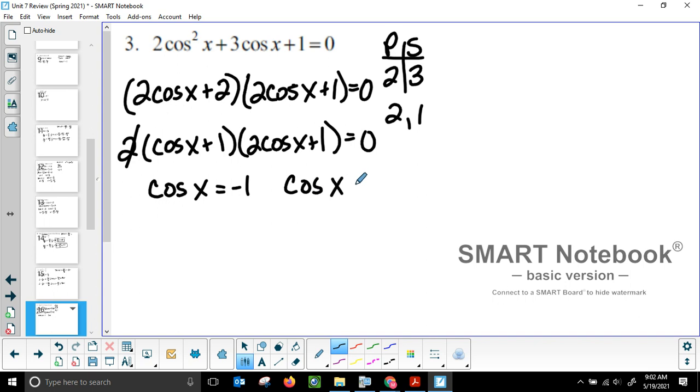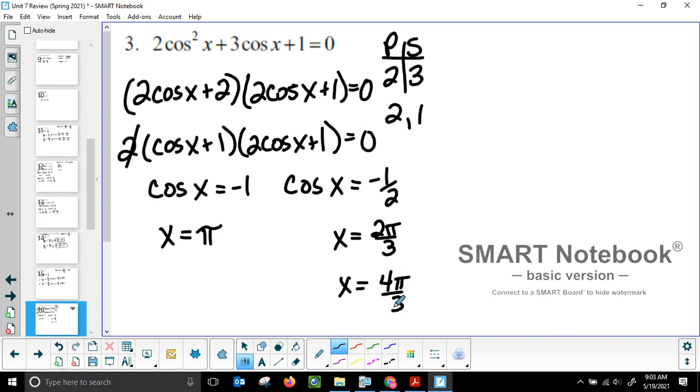And here cosine of x will equal negative 1/2. Cosine of x is equal to negative 1 at pi. Cosine of x is equal to negative 1/2 at 2 pi over 3 and at 4 pi over 3.